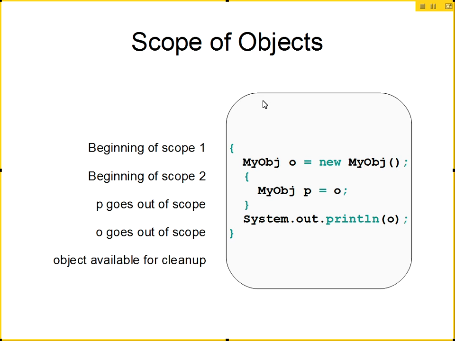But if I never did that assignment, and I had a P, and I tried to do the System.out.println of P here, it'll say, hey, P is defined, but it doesn't point to anything, and that's a null pointer exception. Again, that's probably going to be one of the most common exception error messages that you get. That indicates that you didn't instantiate and create the data that you expected to.